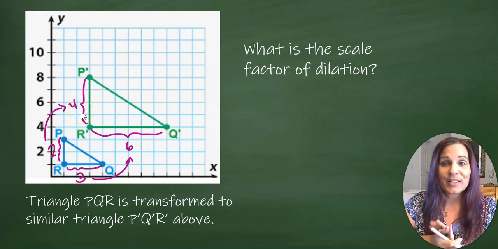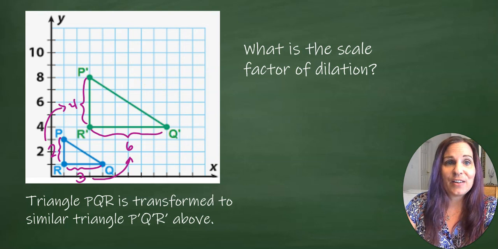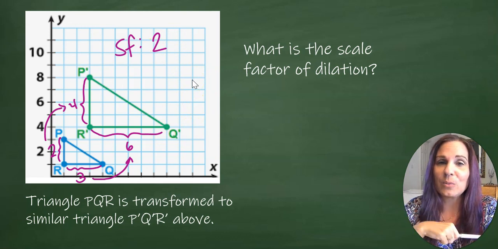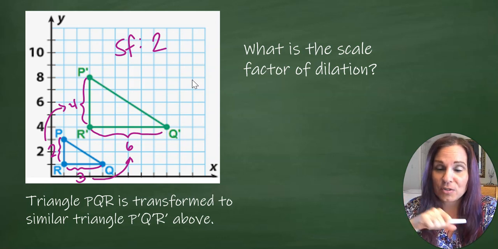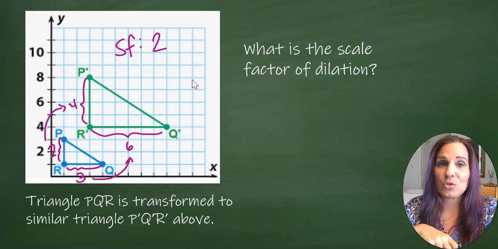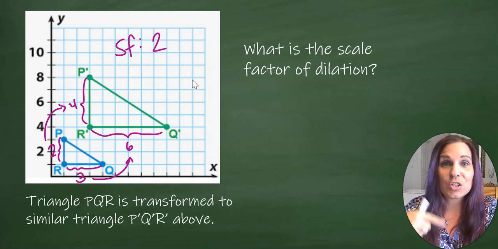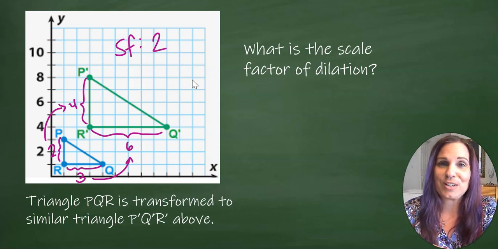I double. So that means that my scale factor here must have been 2. It's really important when you're looking at scale factor to make sure you know which triangle was the original. Remember, the one without the little apostrophes is the original triangle. The one that has the little apostrophes is what we call the image, right? It's the new triangle that was created from the transformation.